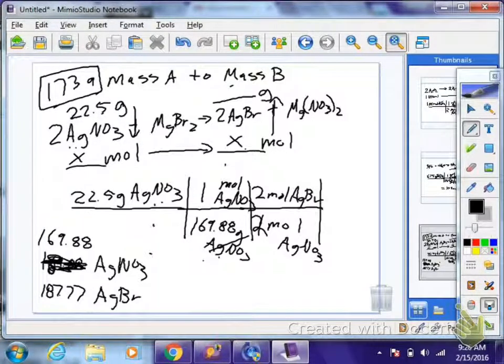Okay, after that step, our last step would be moles to grams. So down here we have moles of AgBr. I still follow my units. And then up above, I'm going to put grams of AgBr.